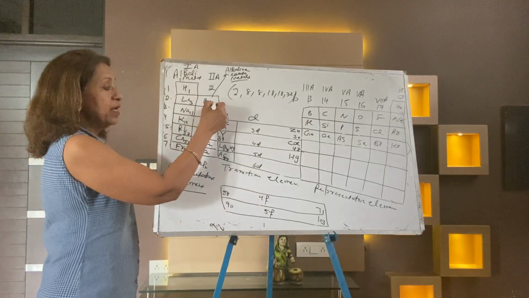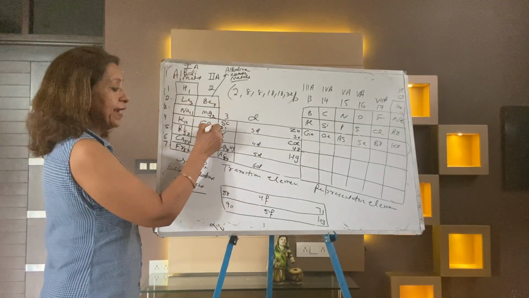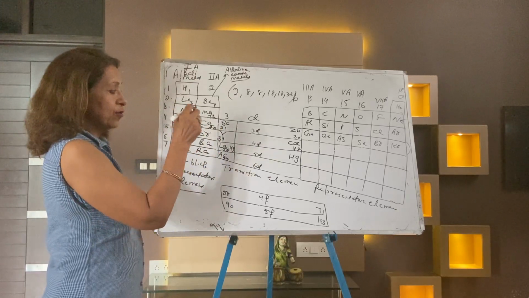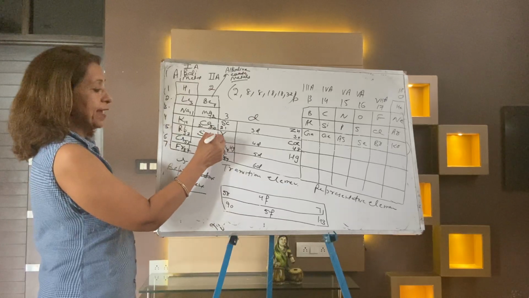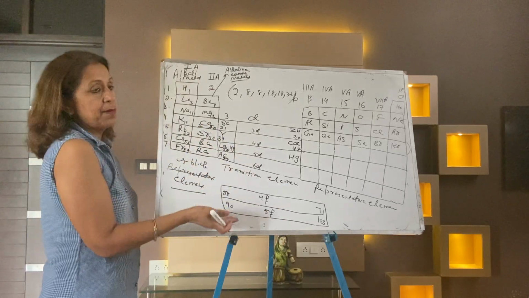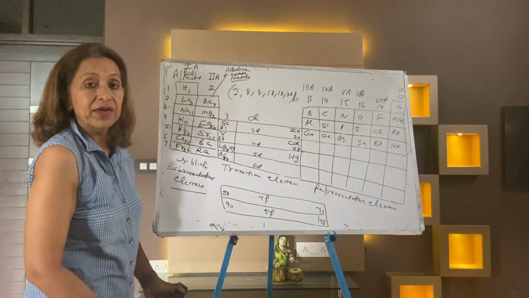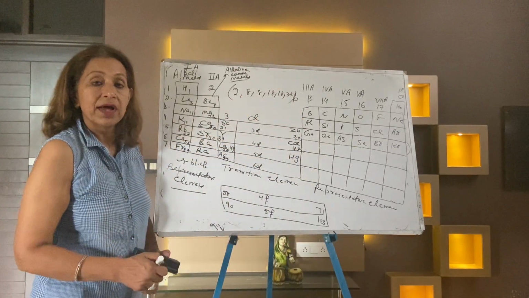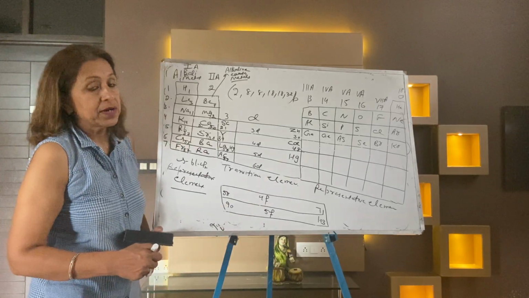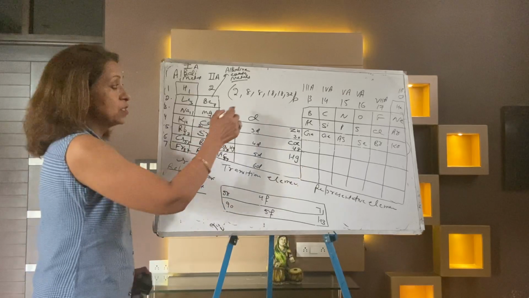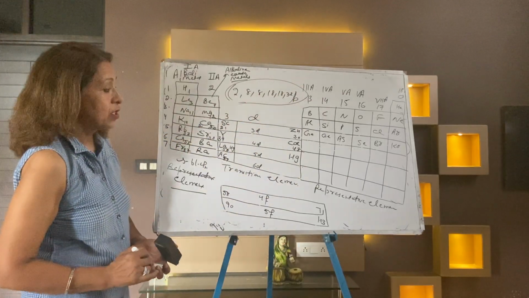Same way, beryllium is 4, you add 8, 12, you add 8, 20, then add 18 twice, it is 38, then 32. So in this way you can find the atomic number of any element. If you know the atomic number of one element of any group, then the other atomic numbers can easily be calculated by applying this formula. This is the magic number: 2, 8, 8, 18, 18, 32.